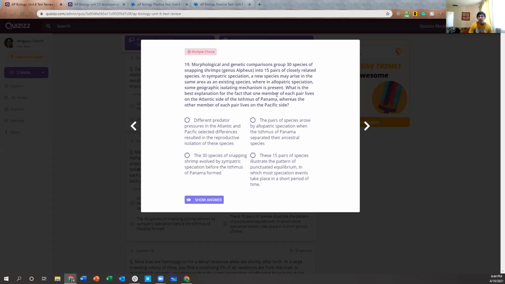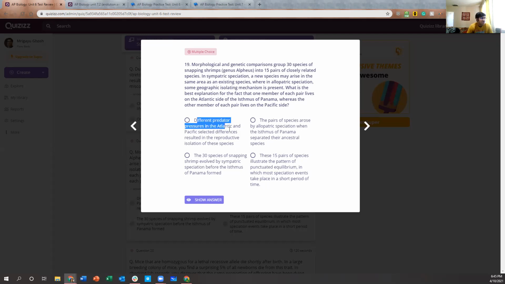Well, here's the thing. We talked about how if you're in the same location, if you're on the same side, then there's competition. You're filling the same niche. That's not productive. So it makes more sense that with similar species, one is going to be on one side and one is going to be on the other side, because now they're filling the niche for that particular environment rather than having to compete. Let's see.